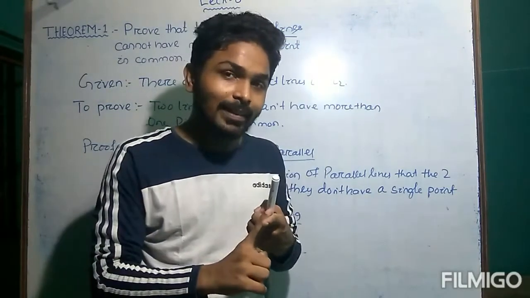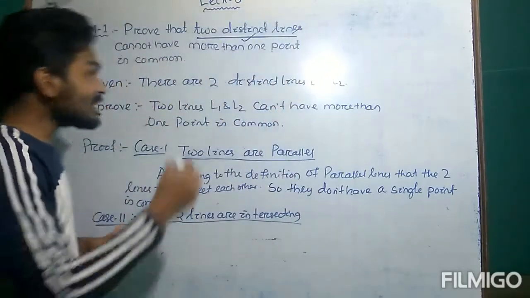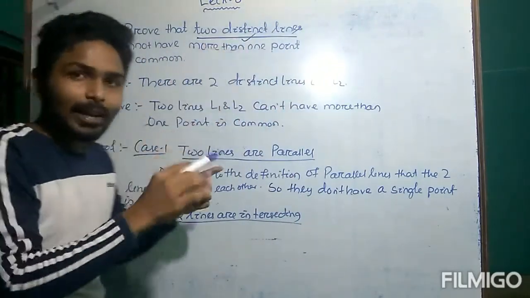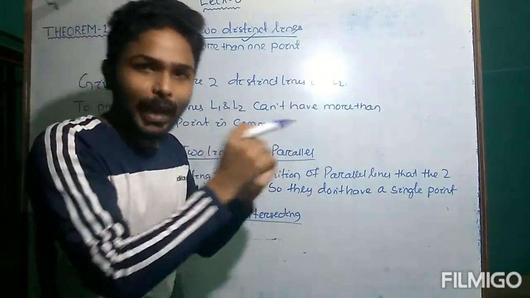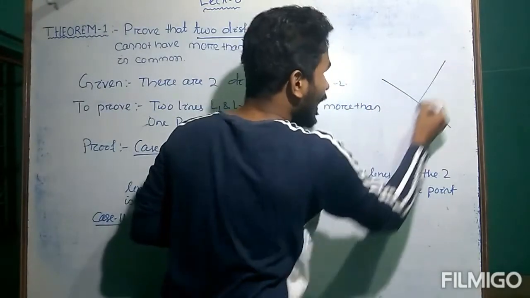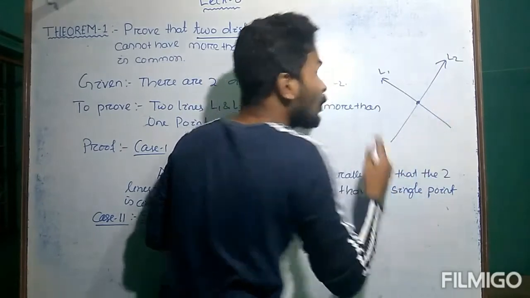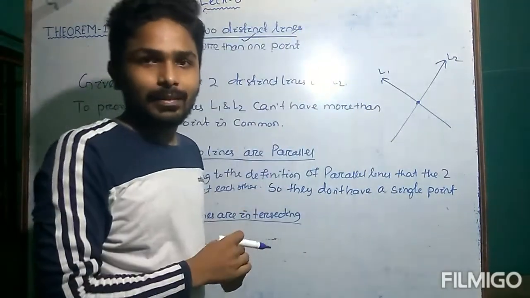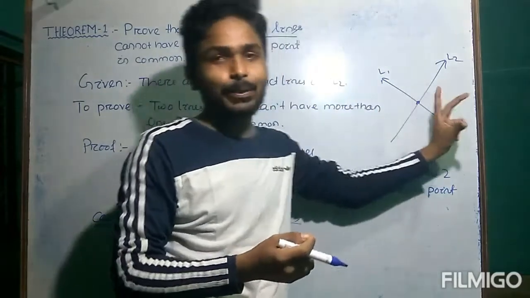So first we have to take a false statement. We have to prove that the two lines cannot have more than one point in common, but we have to assume that the two lines L1 and L2 have more than one point in common, or they have 2 points in common. We have to only assume it.